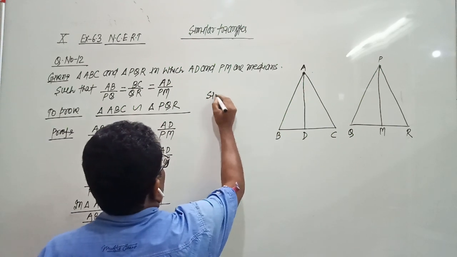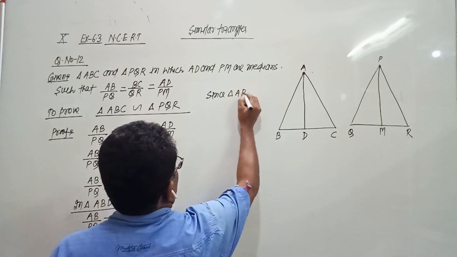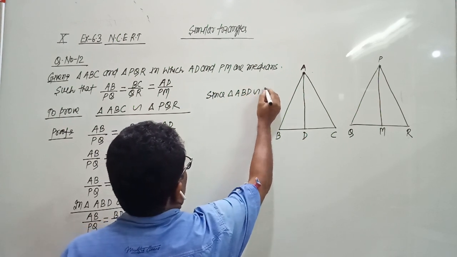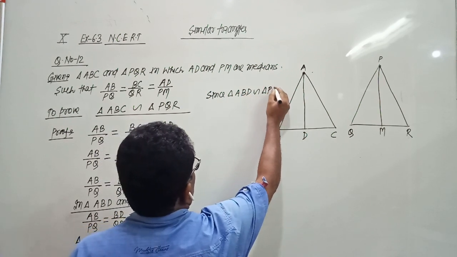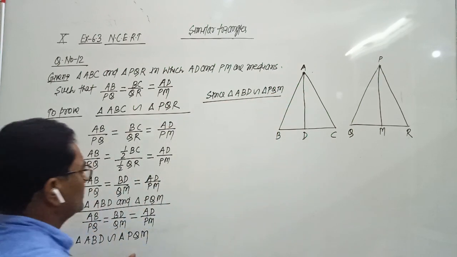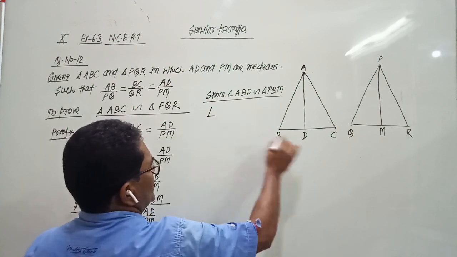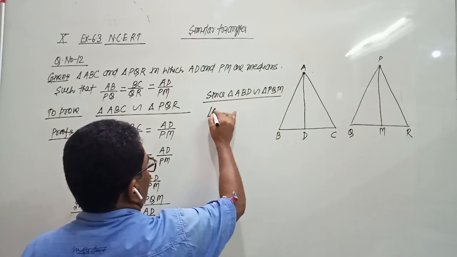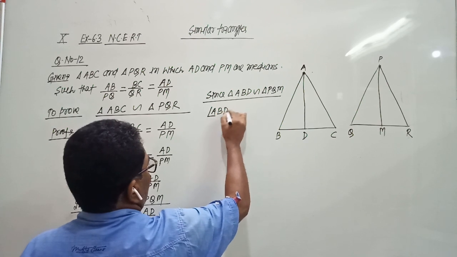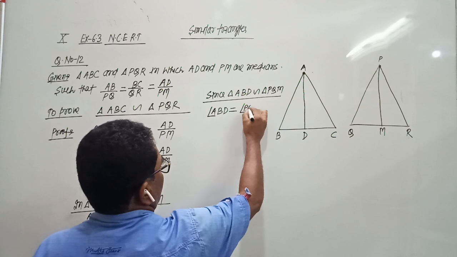So since triangle ABD is similar to triangle PQM, just as we have proved, angle ABD is equal to angle PQM.